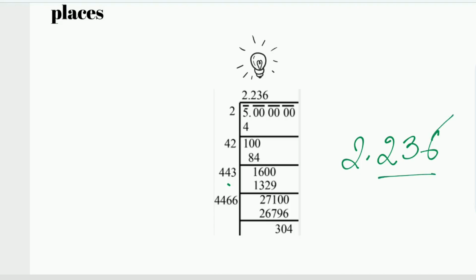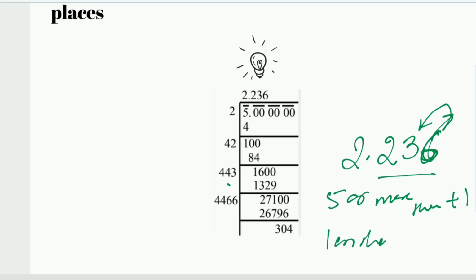Now we look at the last digit, which is 6. Now you're going to round it off. How do we round it off? We look at this digit. If it is 5 or more than 5, the digit before it will be increased by 1. If it is less than 5, the number remains the same.